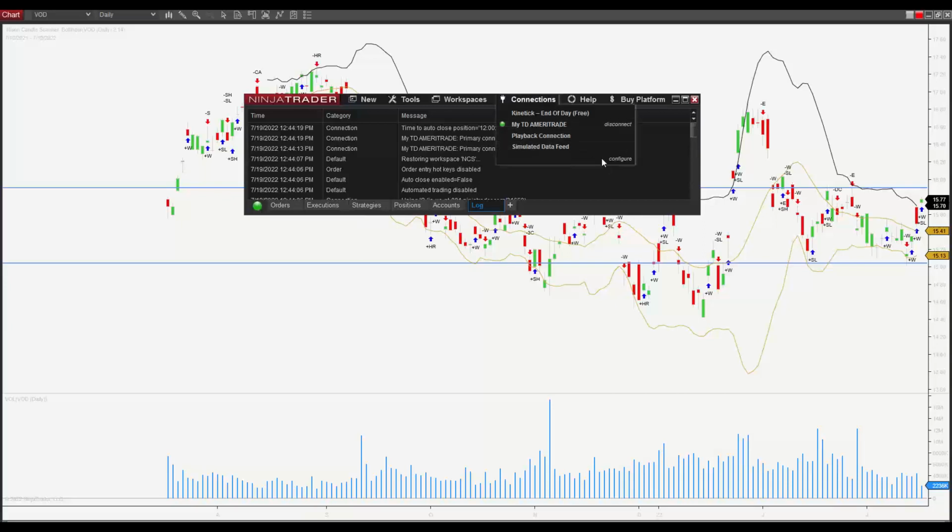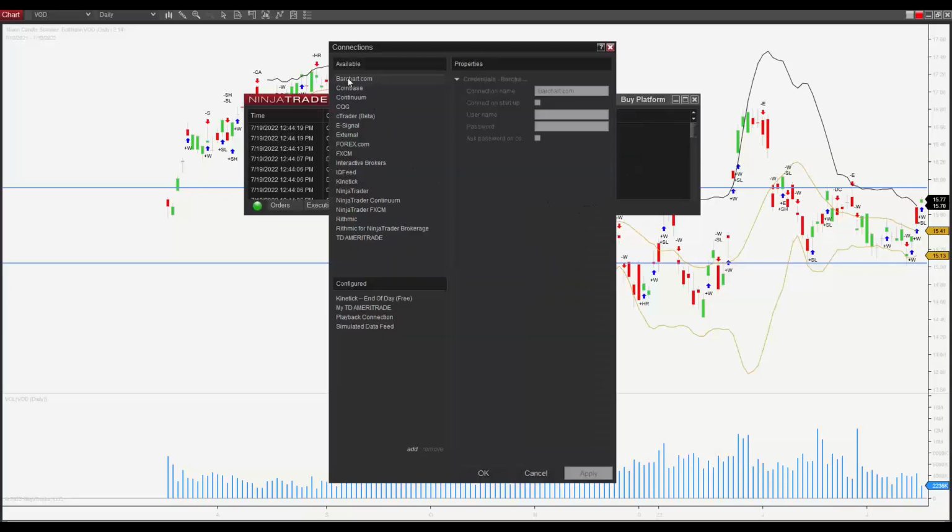You can connect by clicking Configure, and it will show you a list of all of the available ways to get a data feed. Now, for those of you in the US, just one little tip: if you open a TD Ameritrade account, you can then connect TD Ameritrade real-time data into NinjaTrader at no cost.